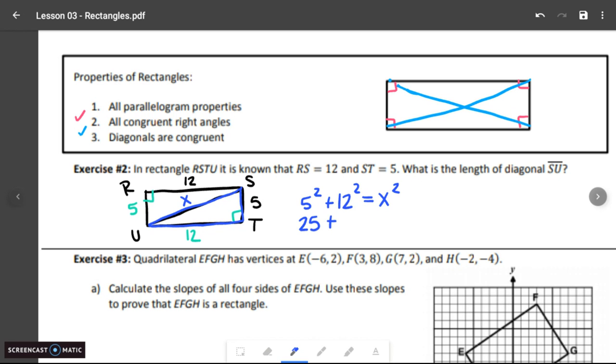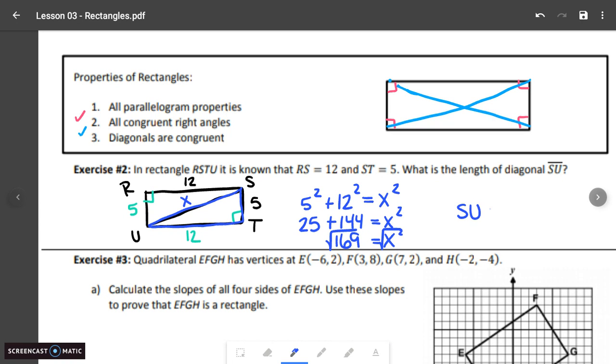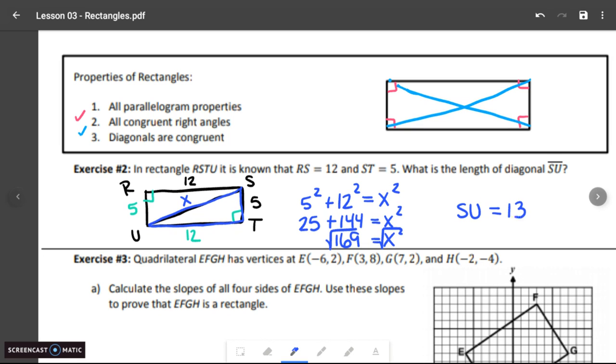So we have 25 plus 144 equal to x squared. We get 169 equals x squared. And when we take the square root of both sides, that's going to show us that SU is equal to 13. So this, remember, ties right back to our former properties as well.